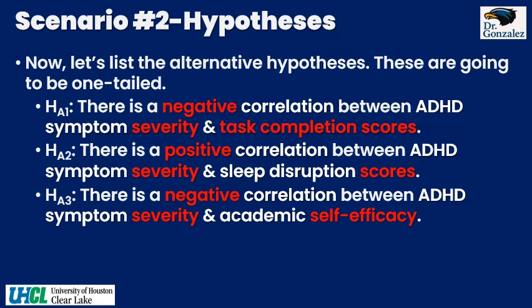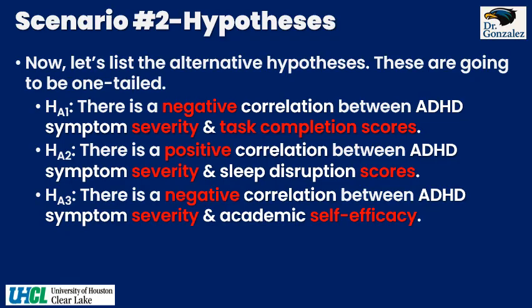What that means is as my symptoms get more severe, the number of tasks that I complete in a week decreases. That makes sense from a perspective of thinking about what ADHD is. If I am counting my success as the number of tasks completed, and my ADHD symptomology is causing me to not complete tasks, then I have that negative relationship there.